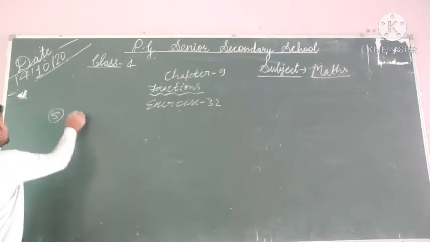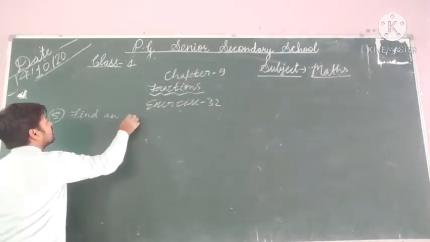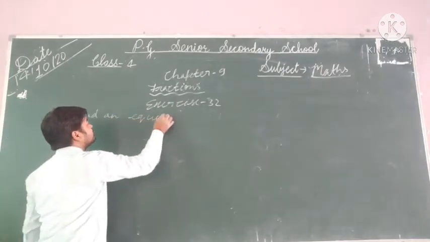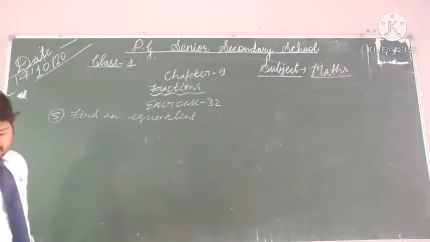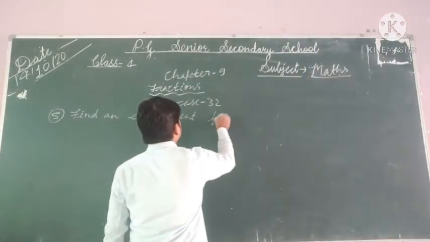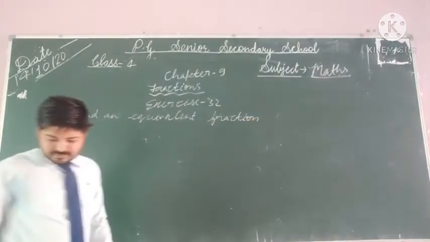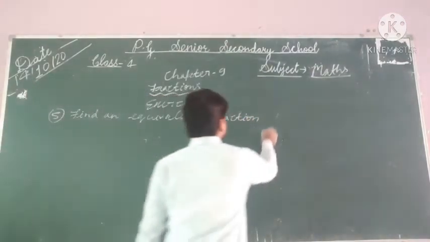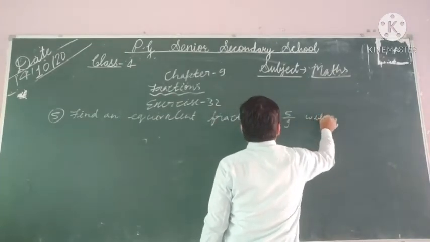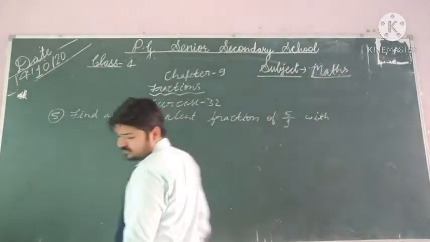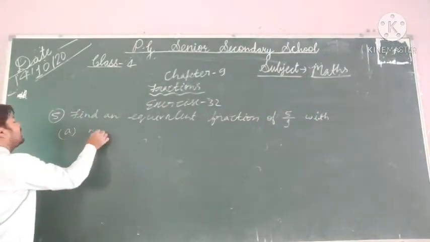Find an equivalent fraction of 5/9 with its numerator 30.